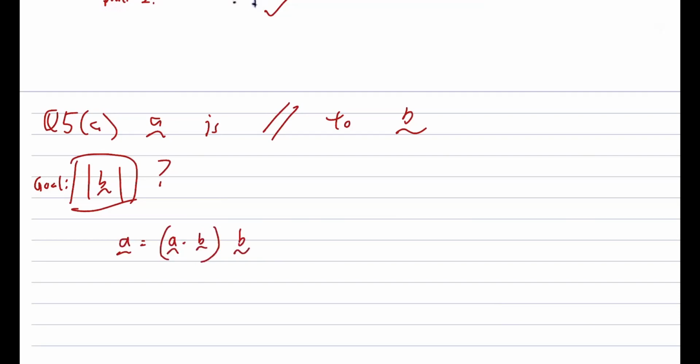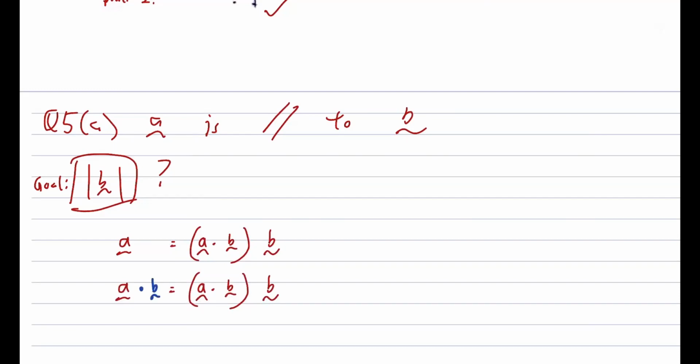So what we can do here is dot product by B on both sides. What do I mean? Here's one way that I thought of, slightly different from the solution. I'll take the dot product on both sides of the equation.